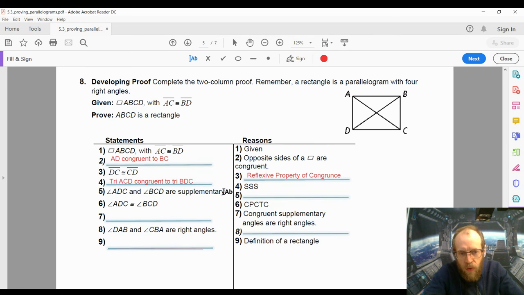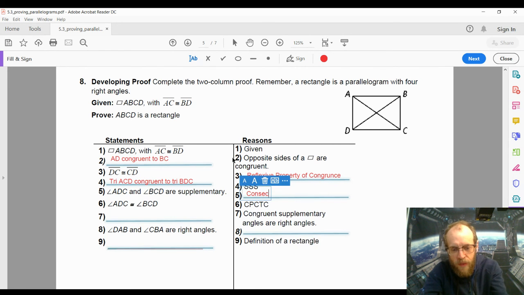Well, if those two triangles are congruent, then angles ADC, which is this one right here, and BCD are supplementary. So this is another rule in parallelograms. So ADC, BCD, they're two consecutive angles in a parallelogram, therefore they're supplementary.